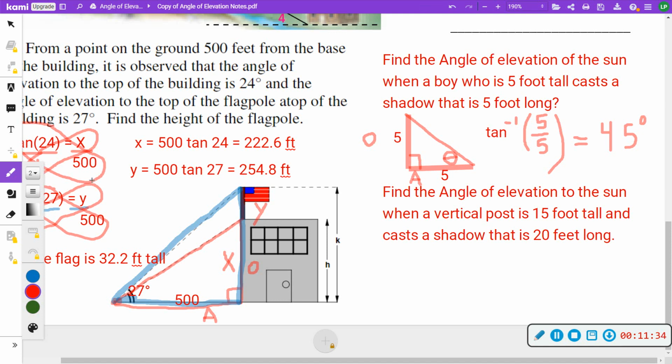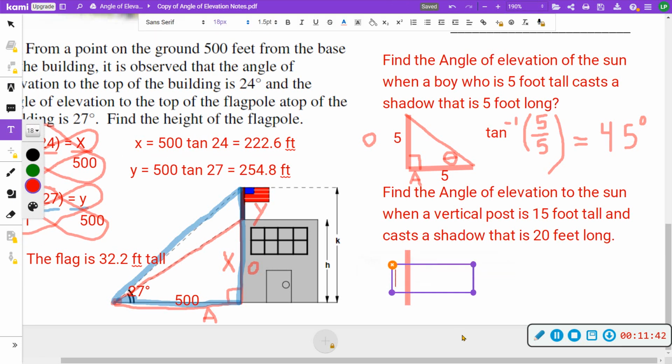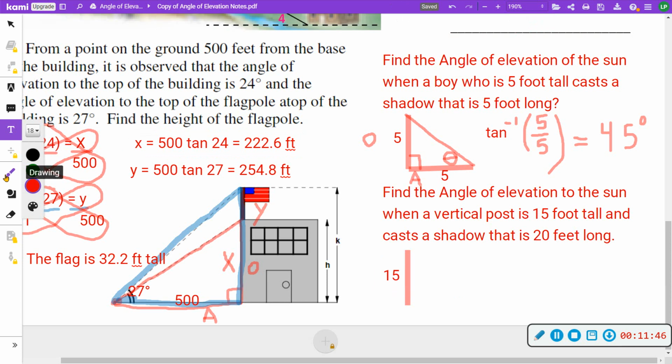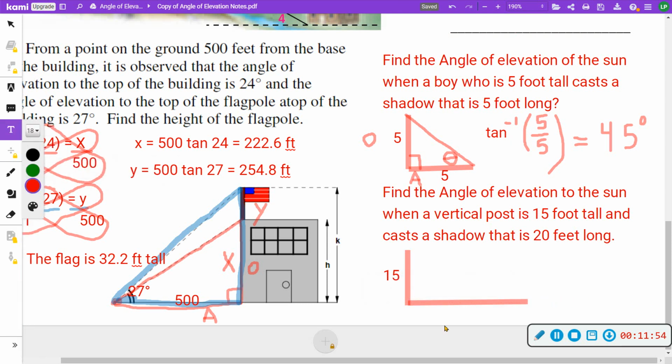When a vertical post, again, I'm not good at drawing, but vertical means up and down. The vertical post is 15 foot tall. And now the shadow is 20 feet long. Now this is 20.